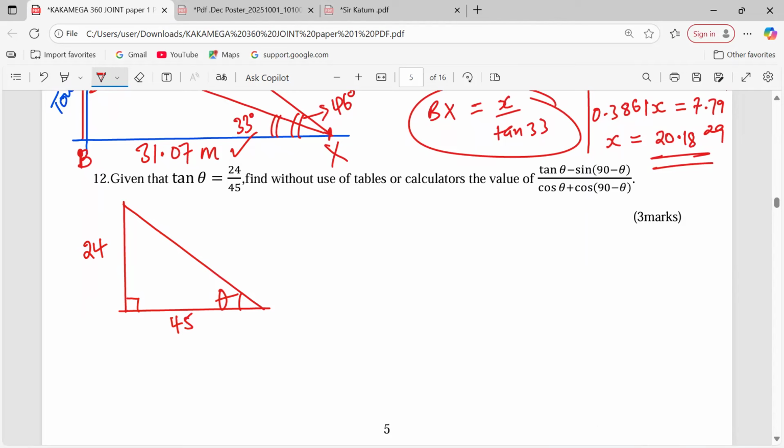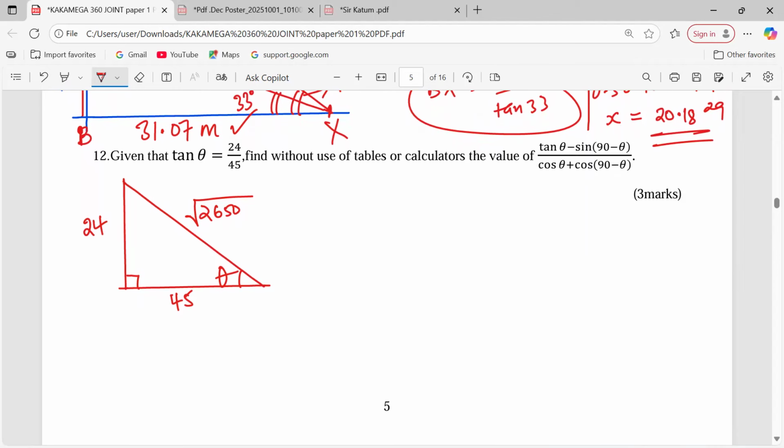This again means that we can find the hypotenuse. 45 squared plus 25 squared, the square root. So the square root of 2650, that's the length of the hypotenuse.